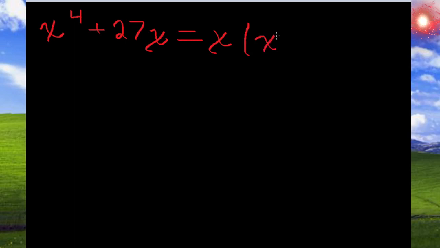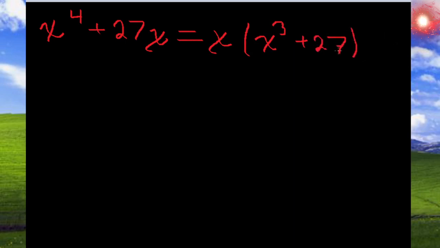So here we go, next question. X to the 4 plus 27x. Okay, this one, you can factor this one very quickly. It's going to be x times x cubed plus 27.